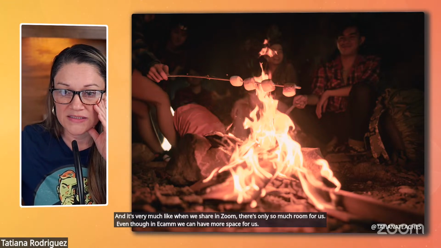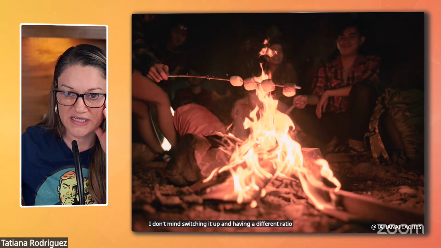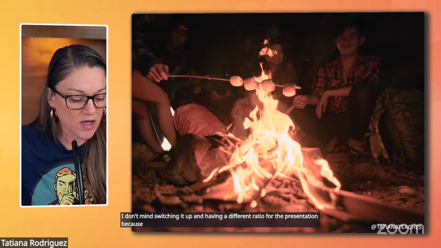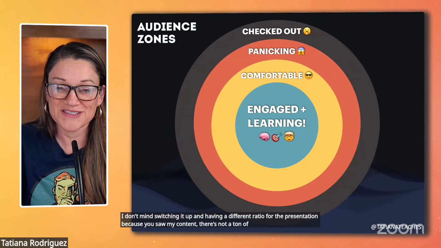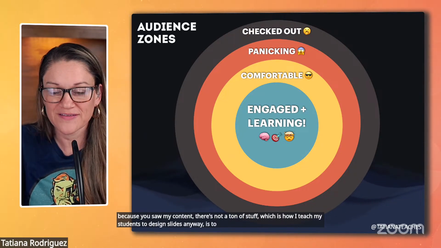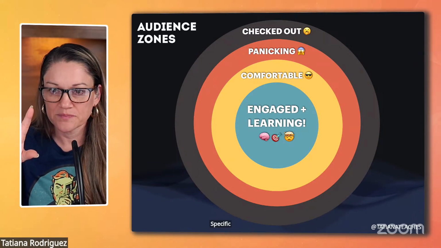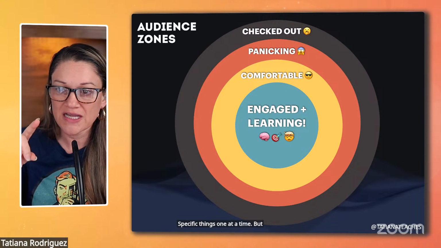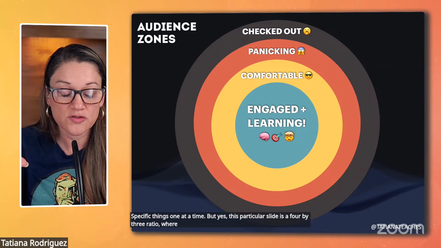I don't mind switching it up and having a different ratio for the presentation because you saw my content. There's not a ton of stuff, which is how I teach my students to design slides anyway, is to not be notes. It's more about specific things one at a time. But yes, this particular slide is a 4 by 3 ratio, whereas most slides are going to be a widescreen 16 by 9.